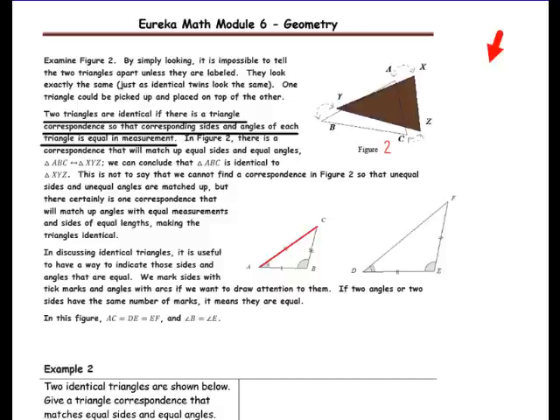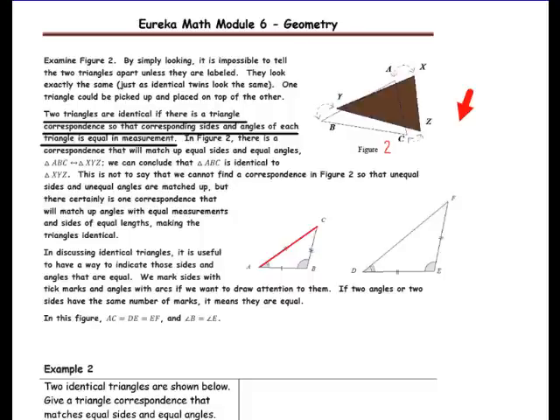In figure 2, there is a correspondence that will match up equal sides and equal angles, so that triangle ABC, so here we have triangle ABC, corresponds to triangle XYZ. We conclude that triangle ABC is identical to triangle XYZ.